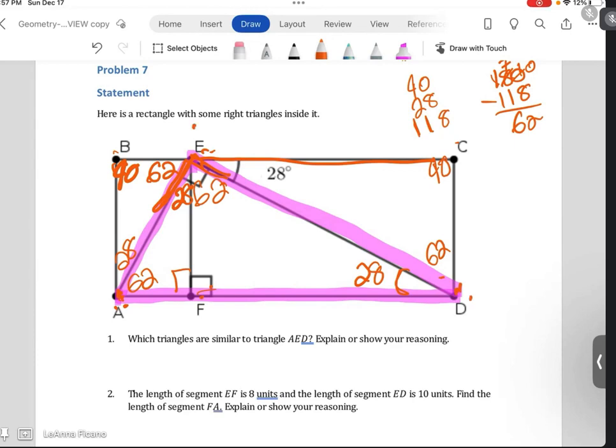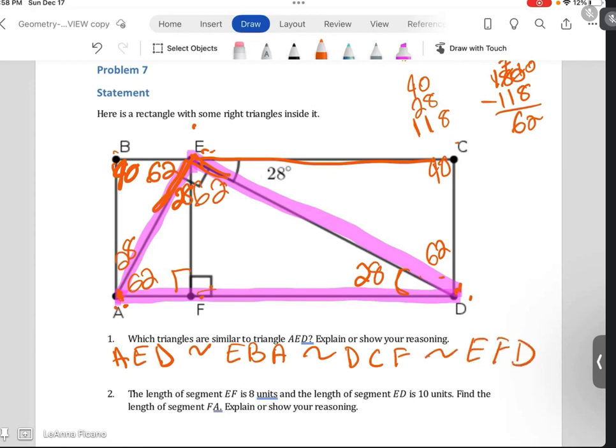So there's a number of triangles that are similar. So actually, let's just write them out. AED is similar to EBA, and it's similar to DCF, and it's similar to EFD.